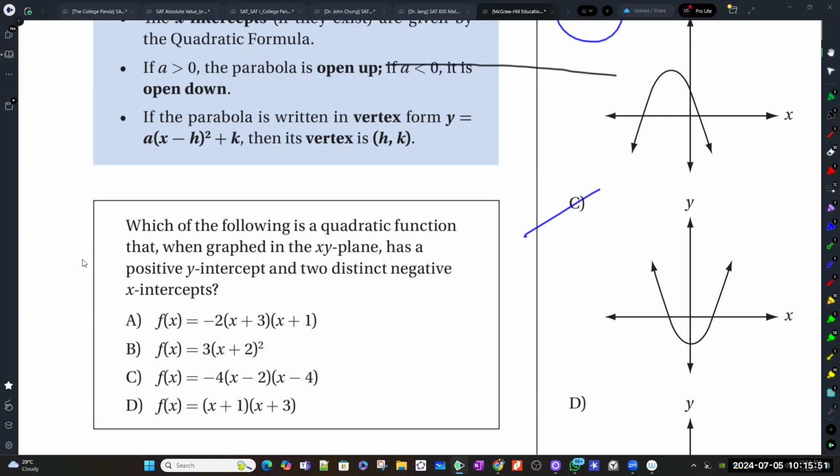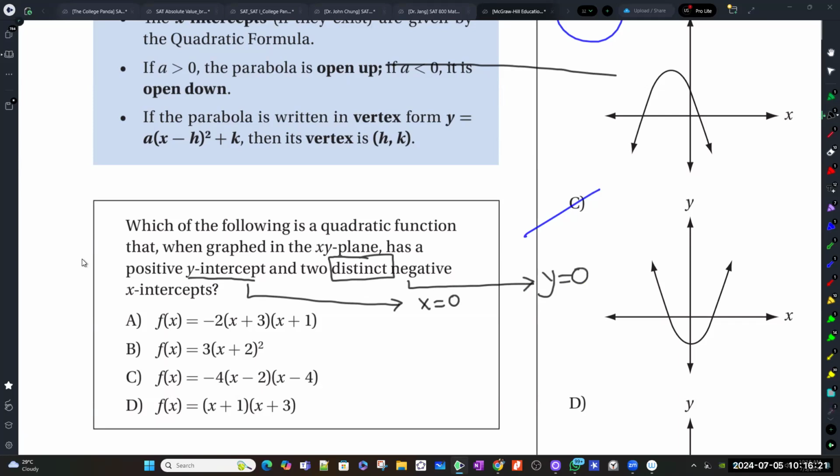So y-intercept, Alexandra, just like in straight lines, when we say y-intercept, it means where it cuts the y-axis. And for a fact, we know x is 0 at that place. And when it says two distinct, distinct means different. They can't be the same. Negative x-intercepts: when you talk about x-intercept, y is 0.